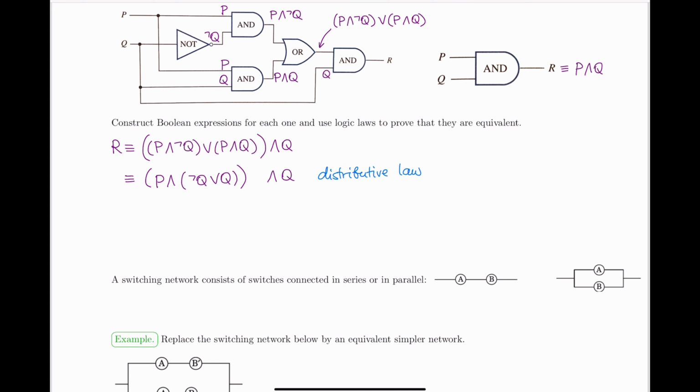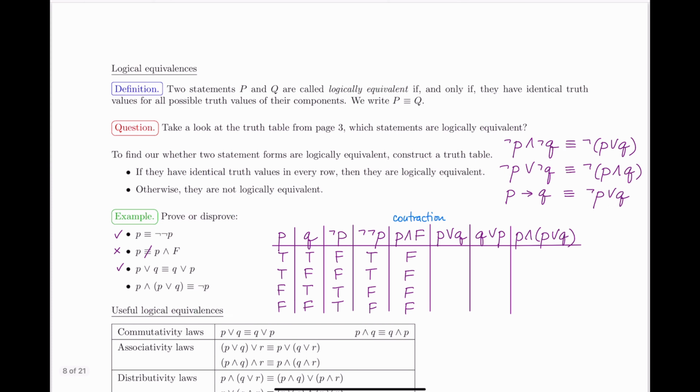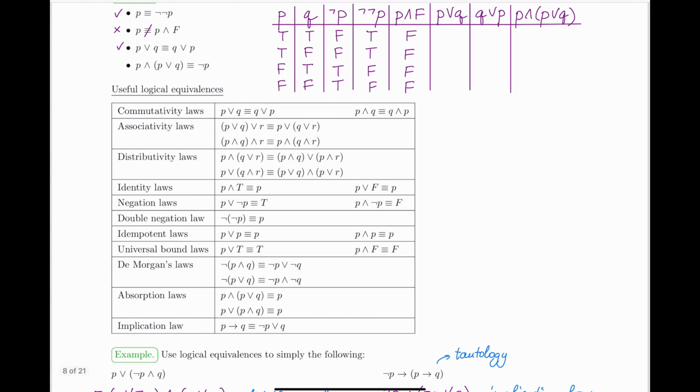Now, the thing to spot here is that I've ended up with an expression that involves Q and not Q, and that is certainly something that's going to be in the table. In fact, we know that this is one of the laws. Which one is it? Let's take a look. Something OR not itself is going to be of this structure here.